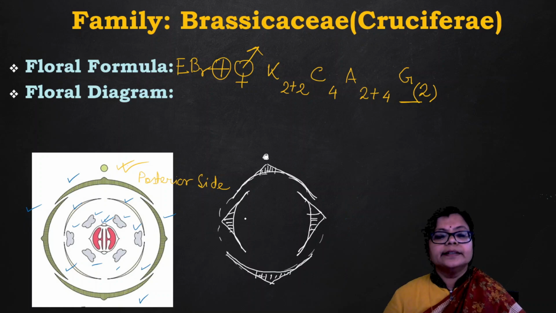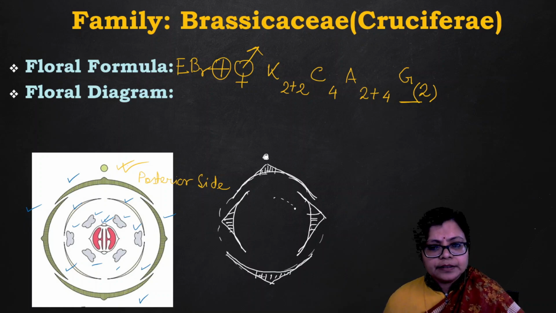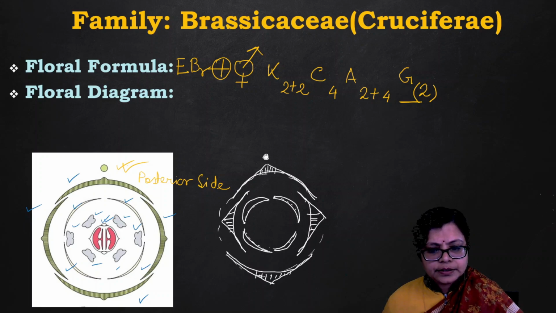Okay, and then valvate aestivation, and they are arranged in a Greek cross manner, alternating with the sepals 1, 2, 3, 4. So this represents petals, not sepals, and the margins are not overlapping. That's why they are not overlapping and not joined, that's why they are drawn separately.